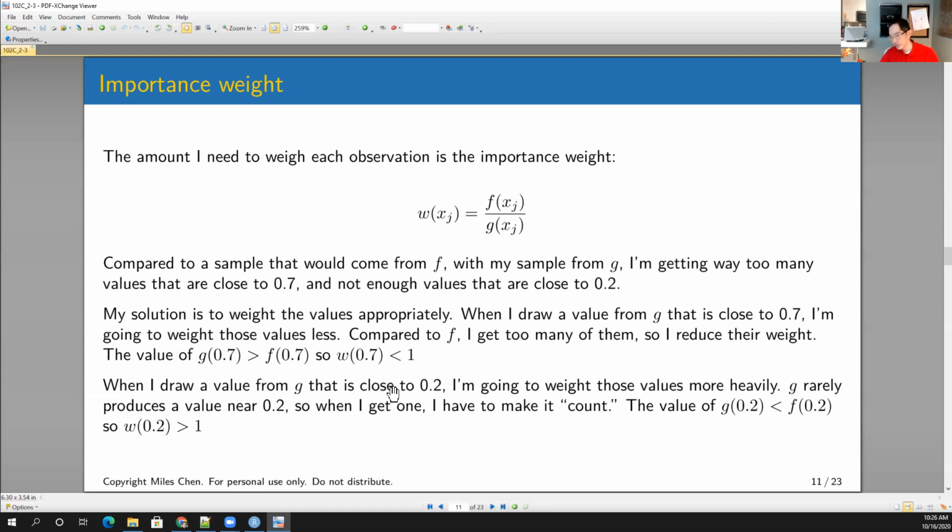And it's this weird function, and you're not able to generate values from that PDF directly, because it takes on this weird shape. So what you're going to do is generate values from different distributions, like the uniform or a normal distribution or something. And when you do that, you can estimate the thing.